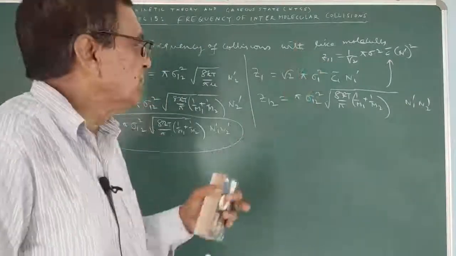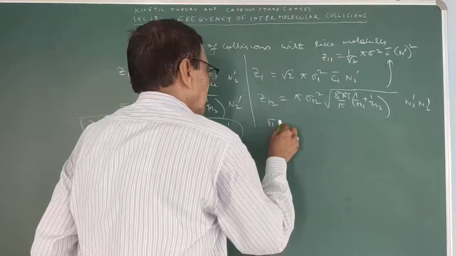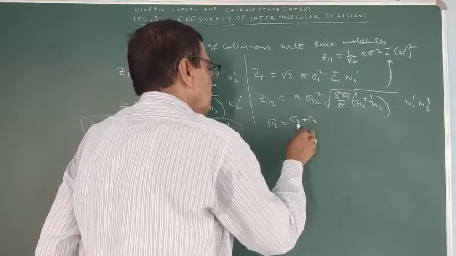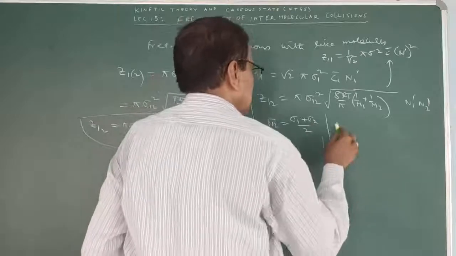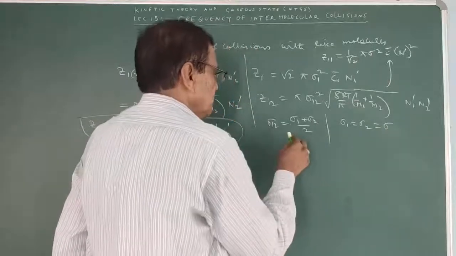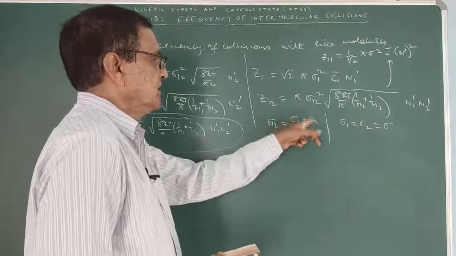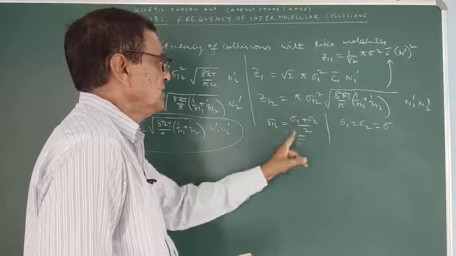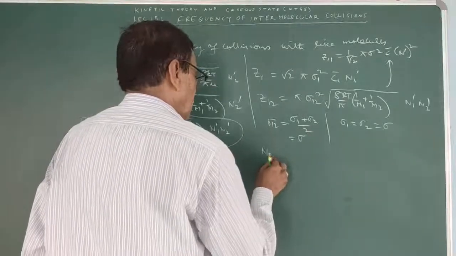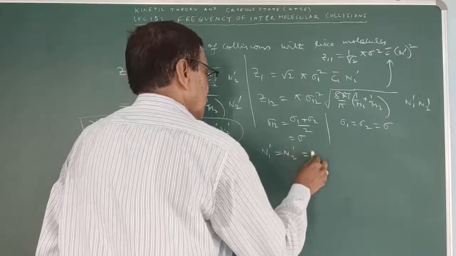Whenever we go from this to that, sigma 12 equals (sigma 1 plus sigma 2) by 2, and in this case sigma 1 equals sigma 2, equal to say sigma. So it will be 2 sigma by 2, that is sigma. And also n1 dash equals n2 dash, equal to say n dash.